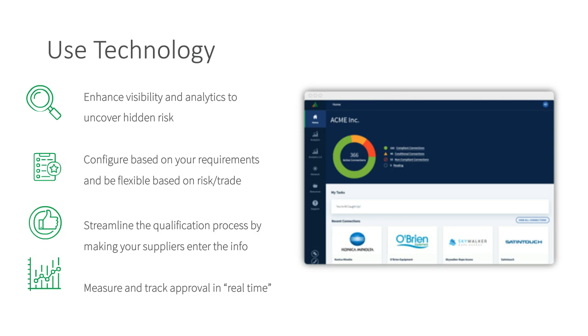Now, you're going to have to vet your data, vet what they put in, but a technology solution will allow you to gather large amounts of data and then hopefully analyze that data. And it also allows you to measure and track your approvals in real time. Where are you? What needs to be received from the vendor, supplier, contractor? Does that data meet your expectations? And if not, why?